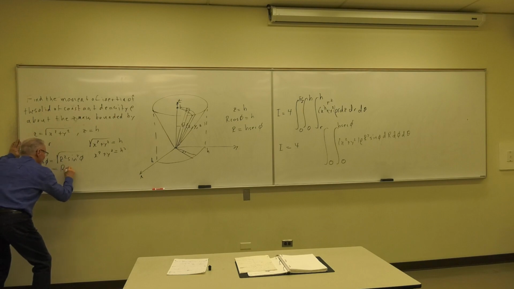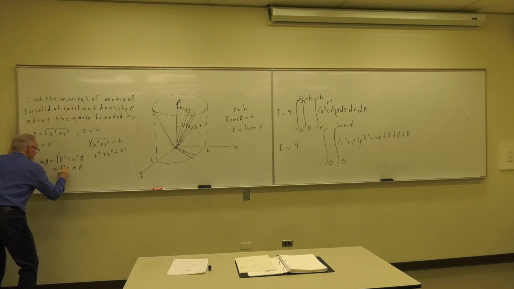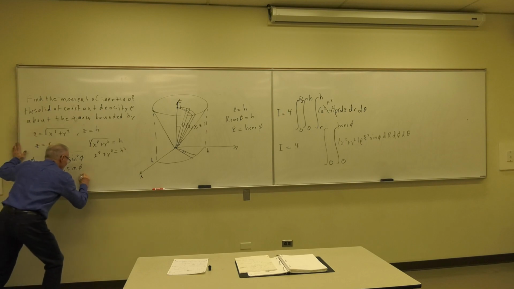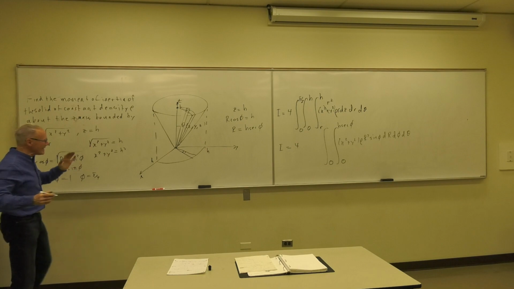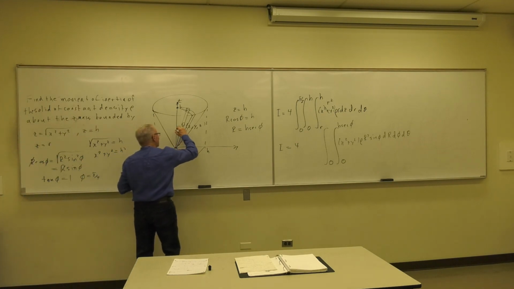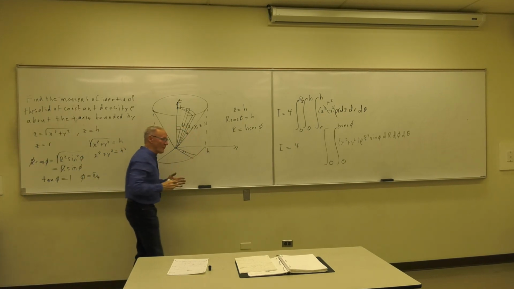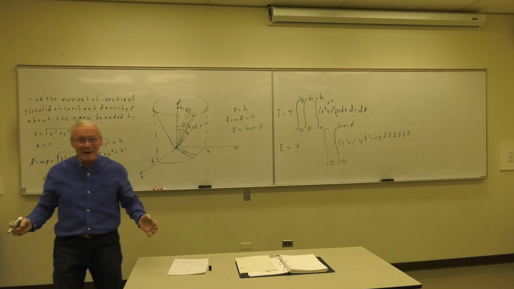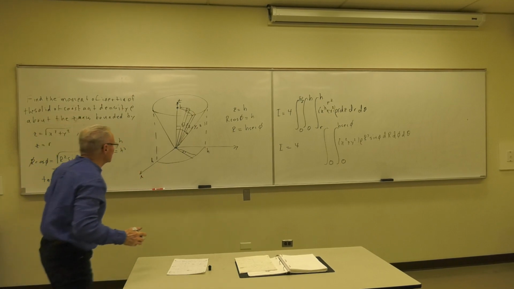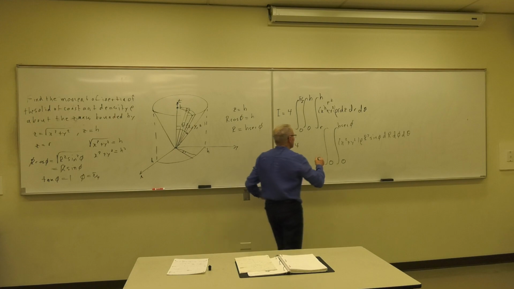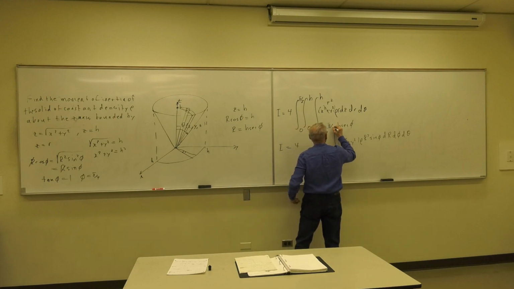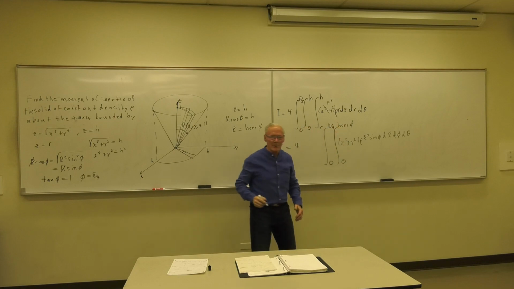We've got r sine phi. Cancel the r's, and we've got tan phi is equal to 1. Therefore, phi is equal to pi over 4. That's real. The angle in this cone is pi by 4. I could have seen that, but this confirms it. So all the slices stop when phi is equal to pi by 4.